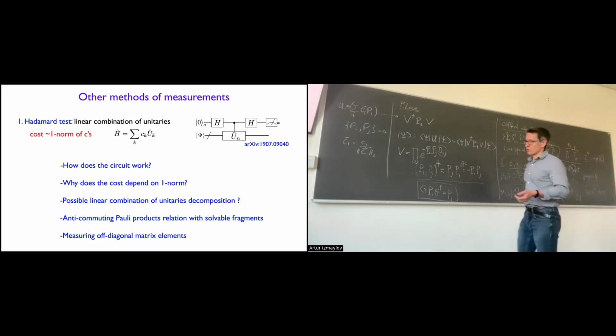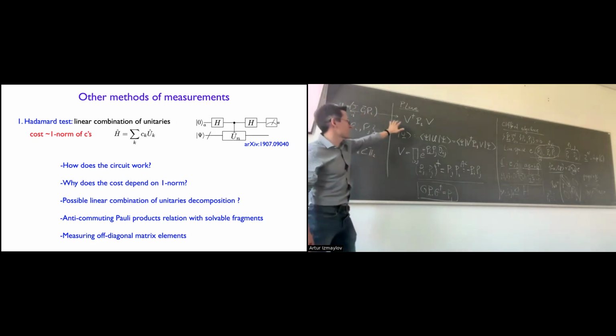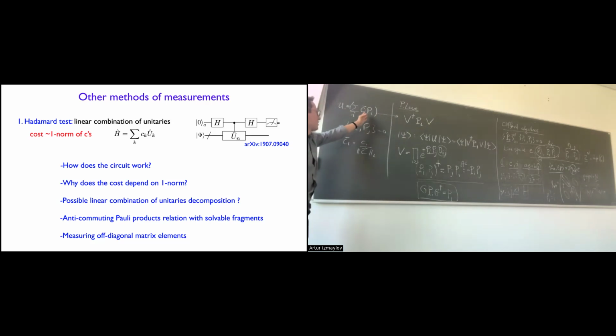One relation we already talked about: if you want to diagonalize some operator, bring it to a simple form, and that operator is a linear combination of elements from the Lie algebra, then rotation with a Lie group element corresponding to that Lie algebra makes the form simpler. So this is what's happening here, because all these elements, the P_i, anti-commute, and I will show that they actually form the Lie algebra.